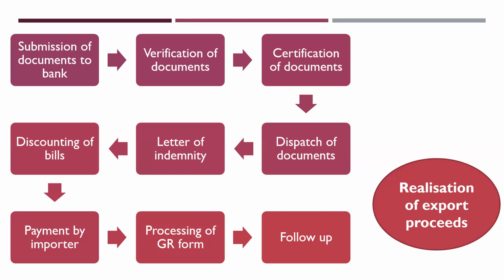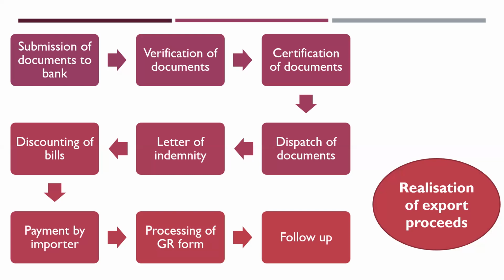Then we have something called the GR form. What is GR form? It is a guaranteed remittance. We have spoken in your module 1 of semester 5 itself that it gives twin benefits that the exporter will also have and the government of our country will also have, because some share of the income, some share of the money or the amount that we get from exporting the goods or that we receive from the importer will also go into the government's account.